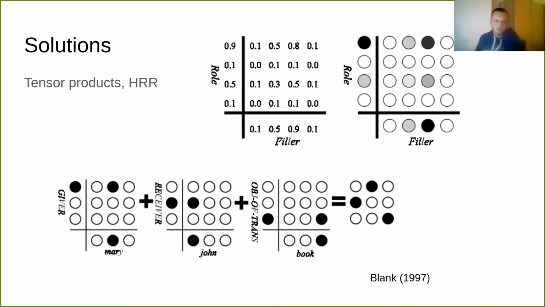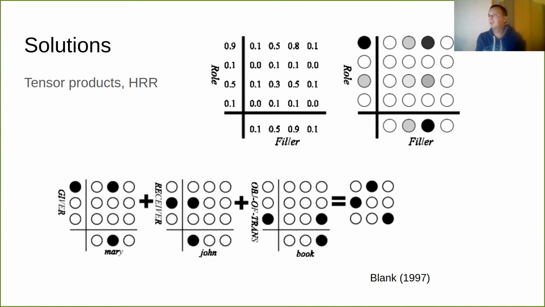Or just a vector product. And so you start with two vectors of the same dimensionality, two one-dimensional vectors of size 4, and you compute the tensor product, which is a two-dimensional matrix of size 4. So it's a 4x4 matrix.